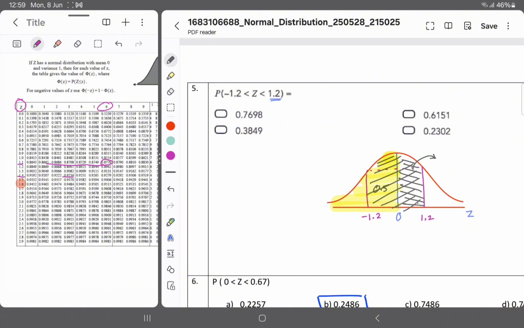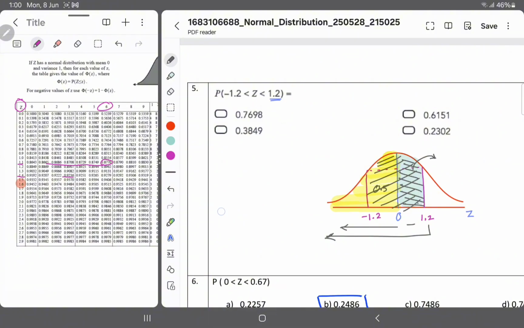So why do we do that? Because I can just evaluate the area of that part, then multiply it by 2. Here, it is the area below 1.2 minus the area below 0. We only have one way to find the answer.